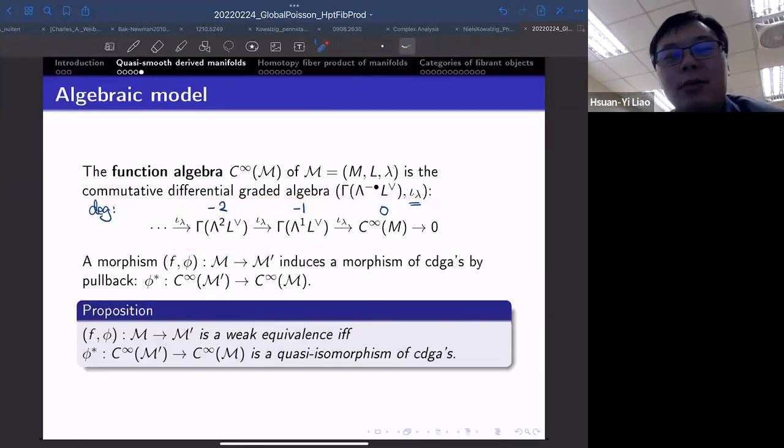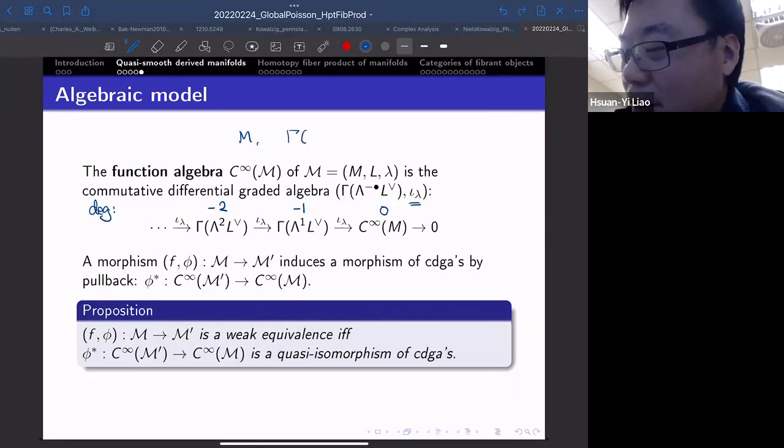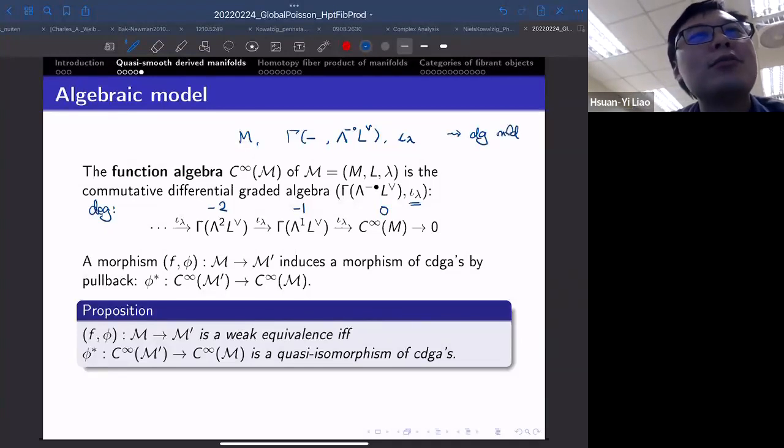So in fact, this derived manifold I can consider as a manifold M together with a shift of CDGA like this. Then it becomes a DG manifold, so in principle the construction for DG manifolds you can just apply. And there are shifted differential forms on a DG manifold, nice things, right?